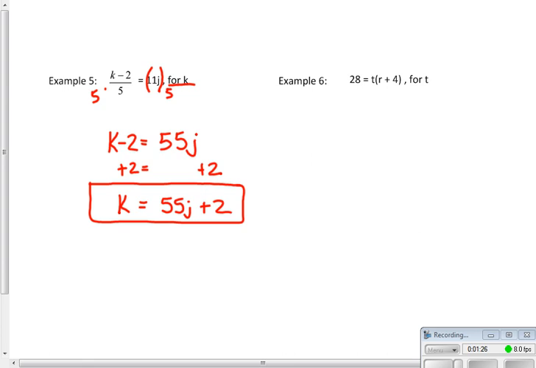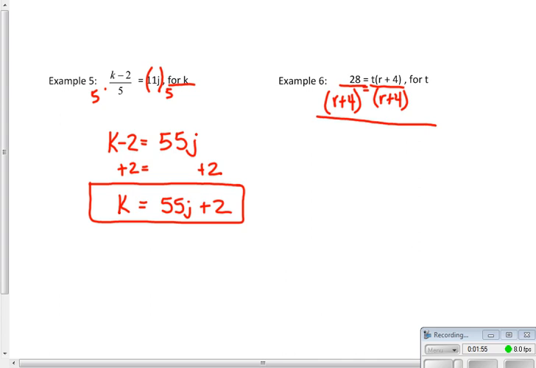Example 6, we need to solve for t. Notice the distributive property is actually happening here. We are distributing t into a binomial r plus 4. So we actually need to get t by itself. In order to do that, the binomial r plus 4 is being multiplied into t, so we need to divide by the r plus 4, and we need to do that to both sides.